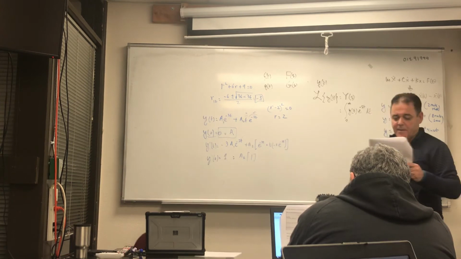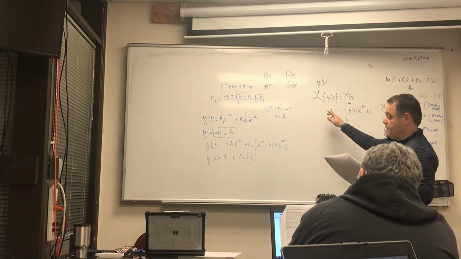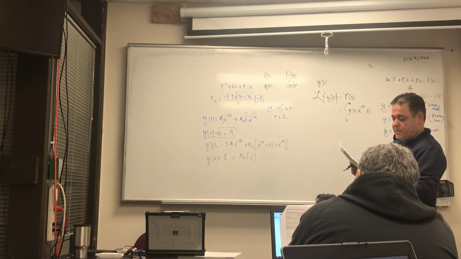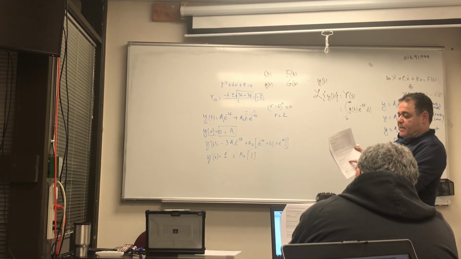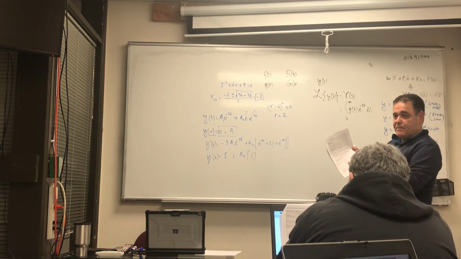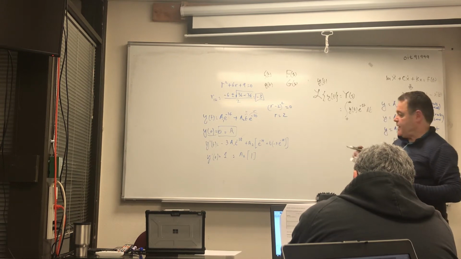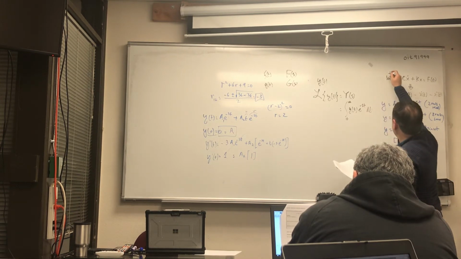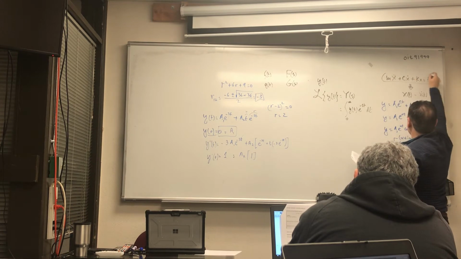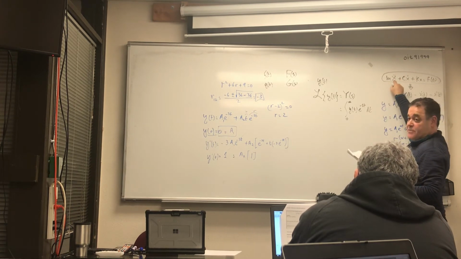Now, the property of Laplace is that there is the Laplace of the first derivative and then there is the Laplace of the second derivative. And you go like, why the heck are you giving this? Because, remember, our goal is always to solve this. This involves the second derivative, this involves the first derivative.